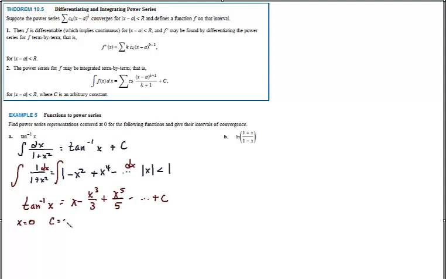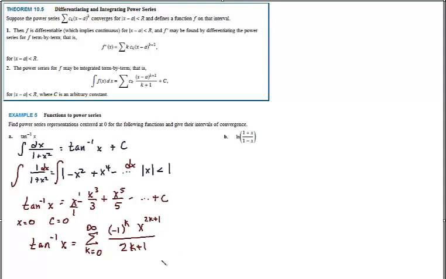So therefore we can choose c equal to 0, make this a little simpler for ourselves, and then we can say that tangent inverse of x, right, it's alternating, so negative 1 to the k, and our x's are odd powers, so we're just going to write that as x to the 2k plus 1, our odd power guy, and then I have odd numbers in the denominator, so that's another 2k plus 1, and this thing converges for absolute value of x less than 1.